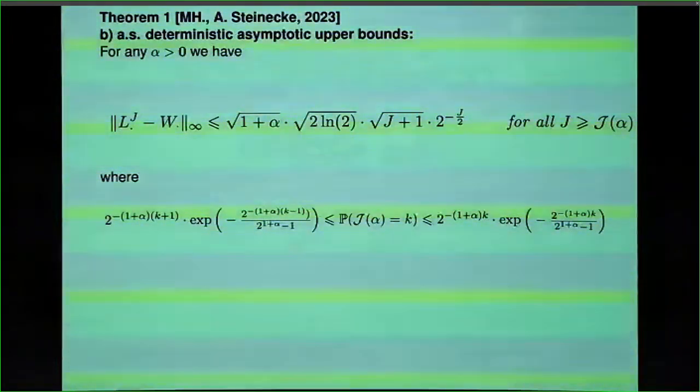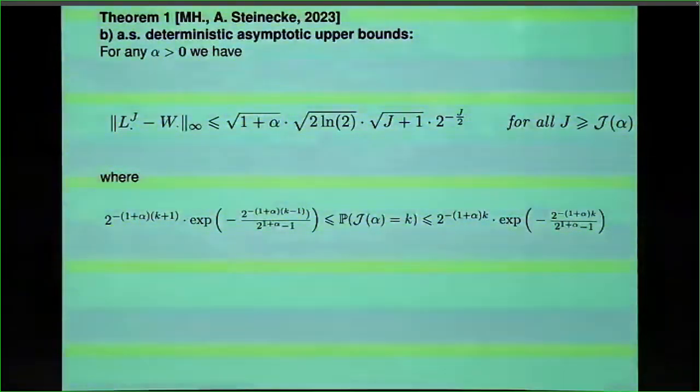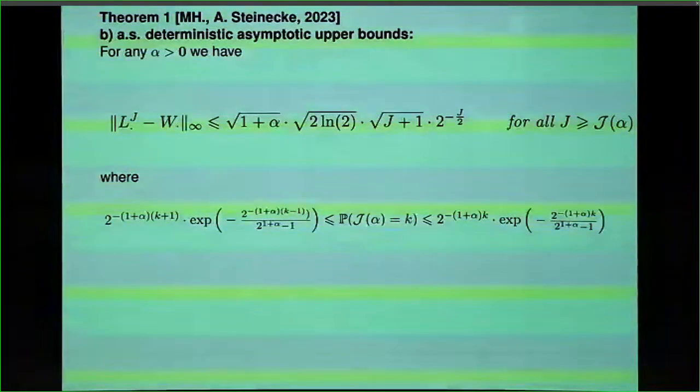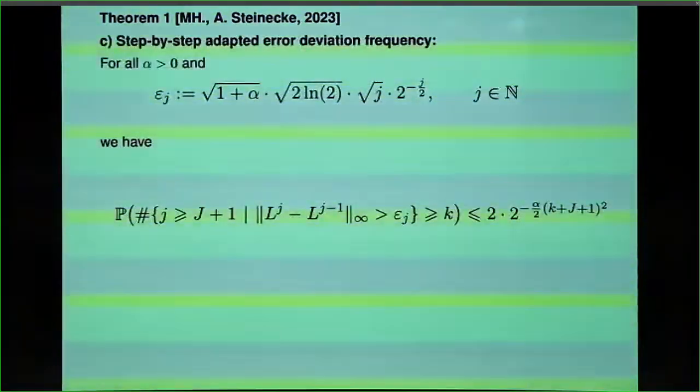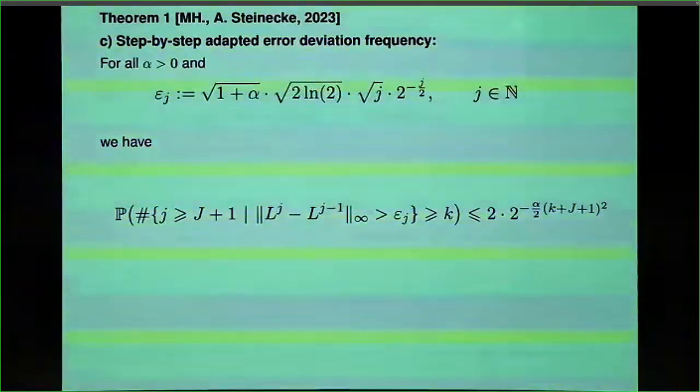So we have upper and lower bounds of the same type. These are exponentially approaching each other. So this is not the same, we don't know it precisely, but the error margin is going to 0. Then we can say something about the step-by-step error frequency.